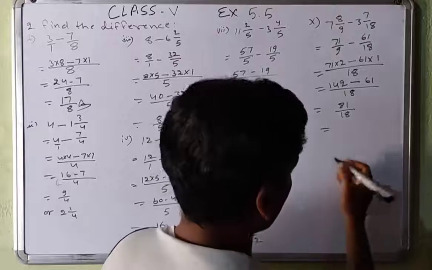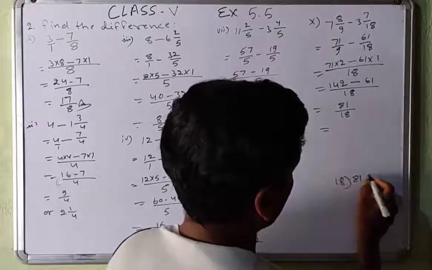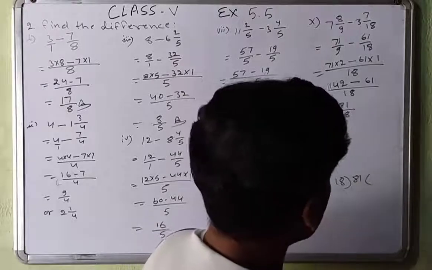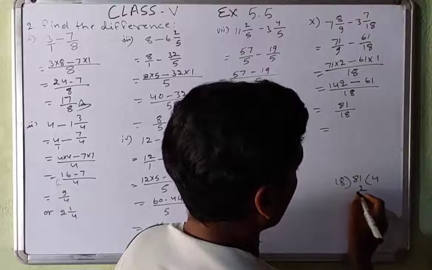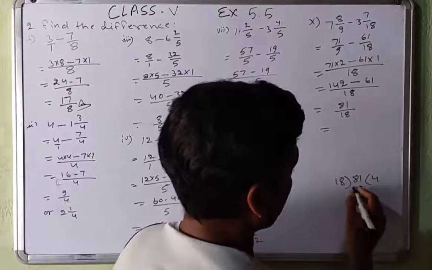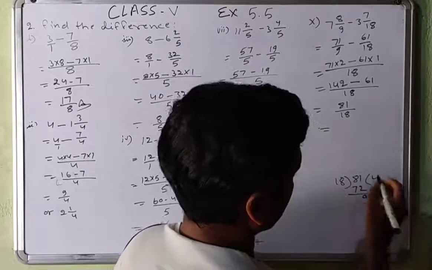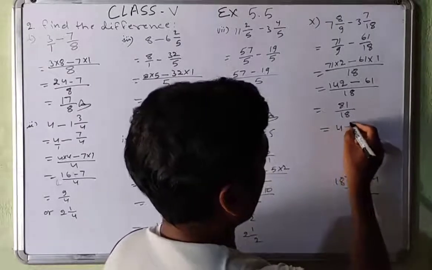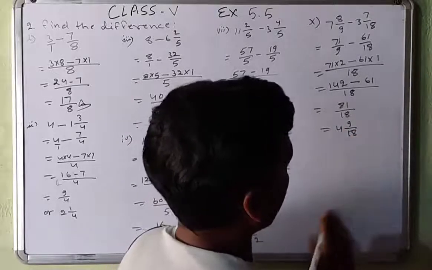So in mixed fraction, how will you write it like this: 18 fives are 90, 18 fours are 72, and then left is 9. So 4 will come here and 9 here, and 18 will stay in the same place.